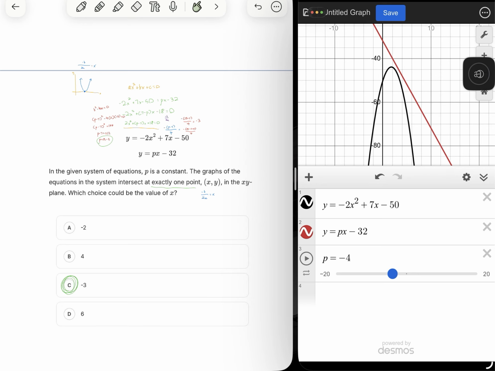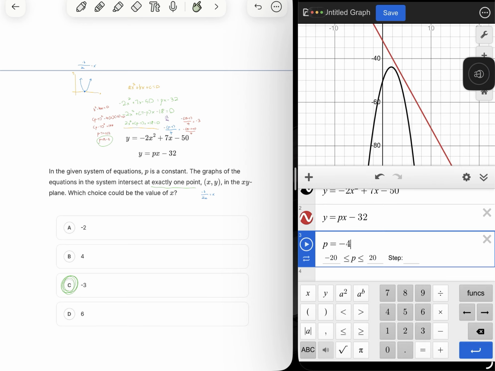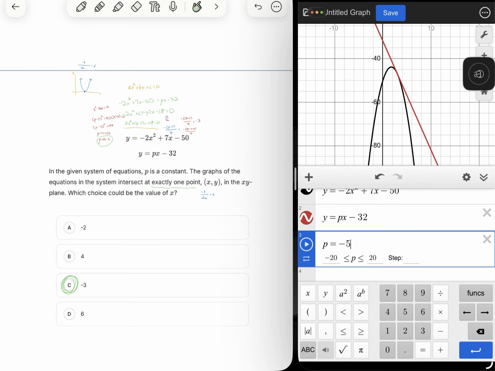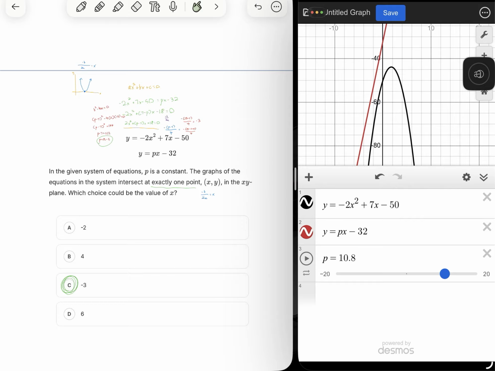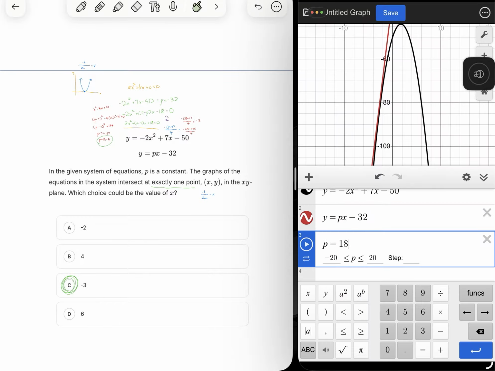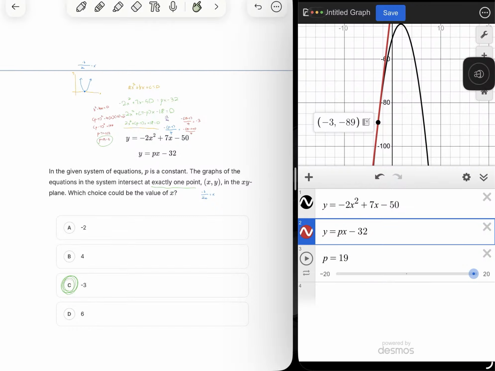So the first one, negative 5 here, and you can also just type it in. You'll notice that if you click on that intersection point, it's at x equals 3, comma negative 47. And if you once again change the slider and go all the way to p equals 19, you'll notice that the intersection point is at x equals negative 3, comma negative 89.